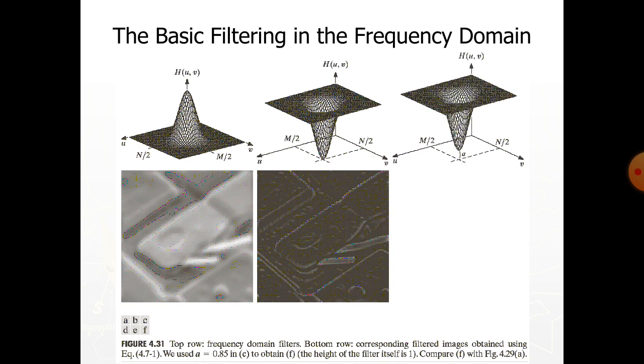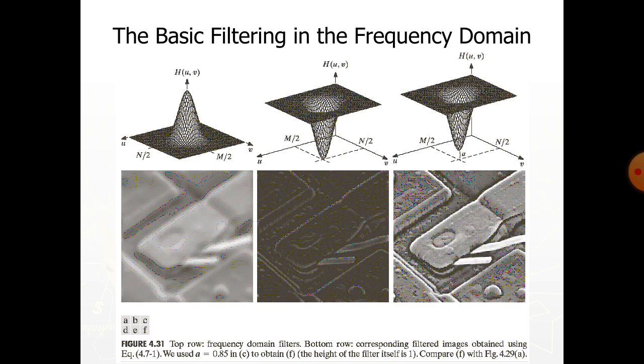Here the top row shows the frequency domain filters, and the bottom row shows the corresponding filtered images obtained using that equation. We used here a equal to 0.85. In figure C, to obtain figure F, the height of the filter itself is 1.